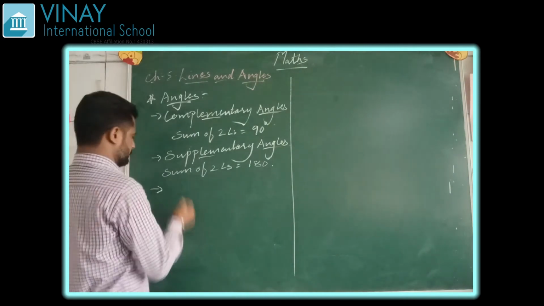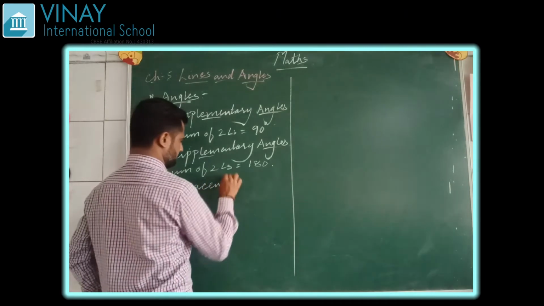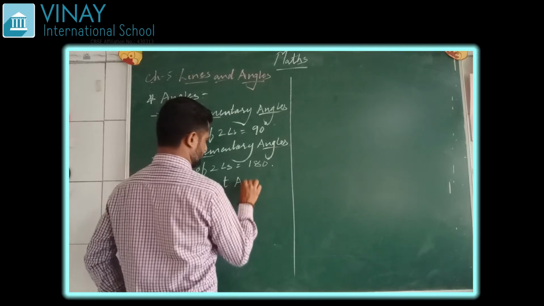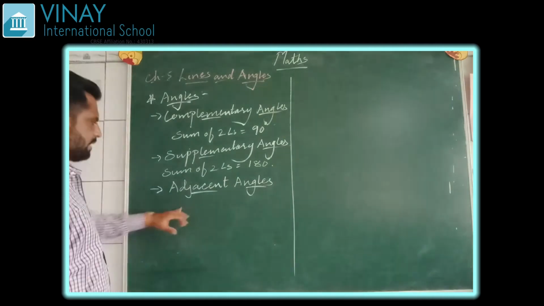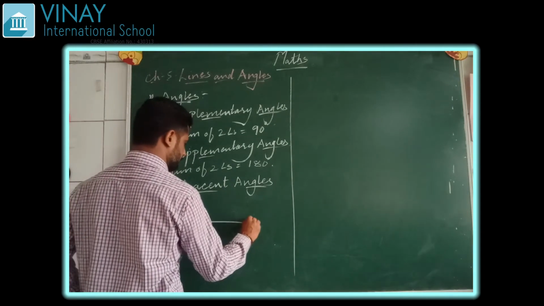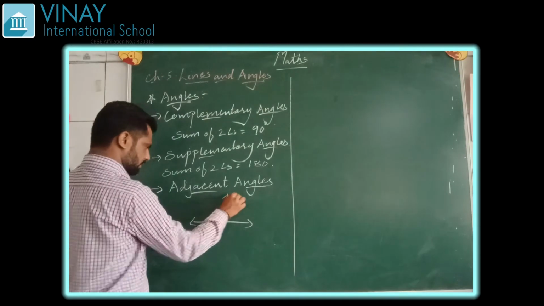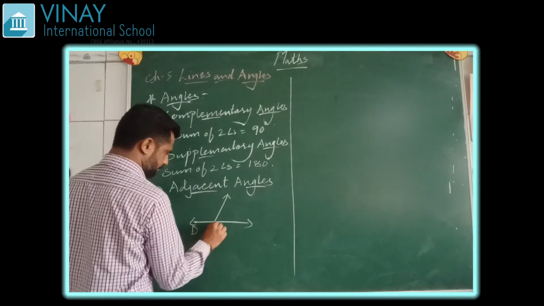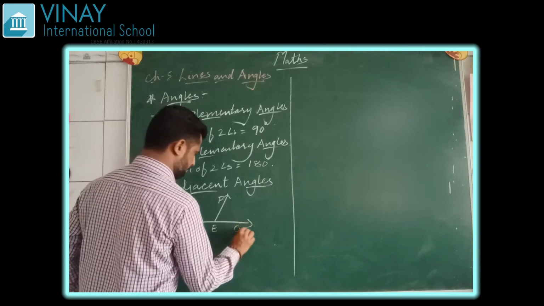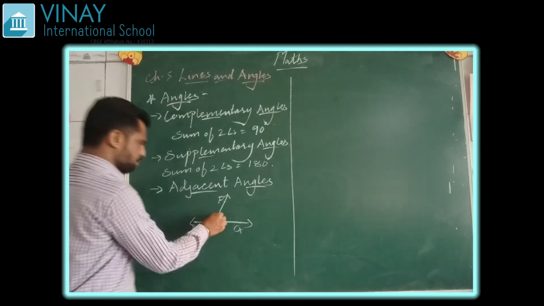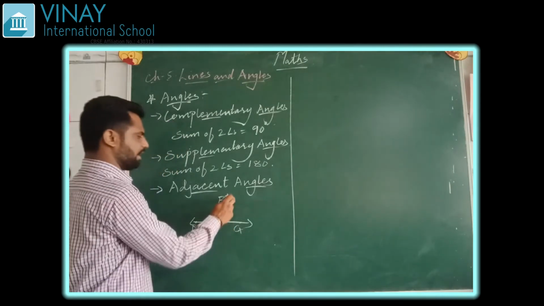The third one is adjacent angle. Adjacent angle means the two angles which have common... suppose this is angle D, E, F, G. Now if we see, it is two angles, angle DEF and angle GEF.